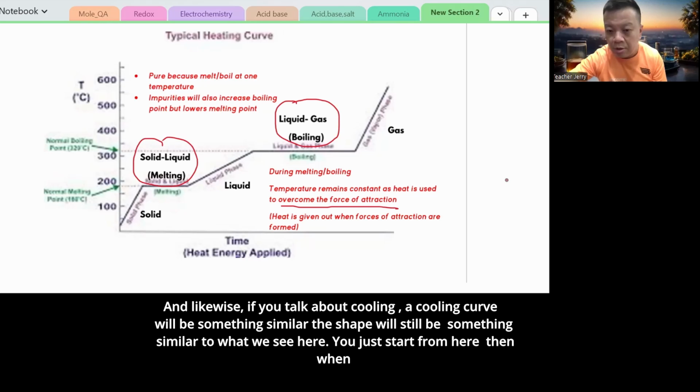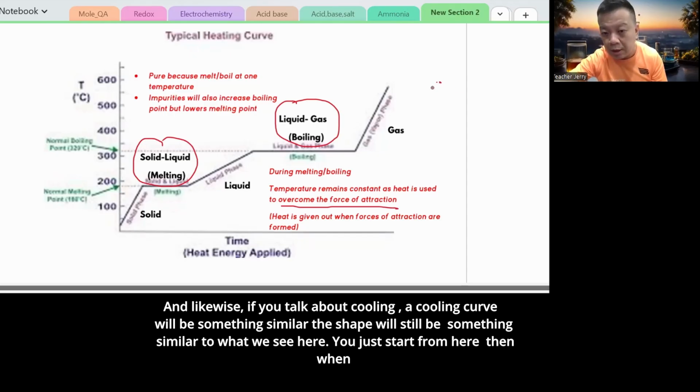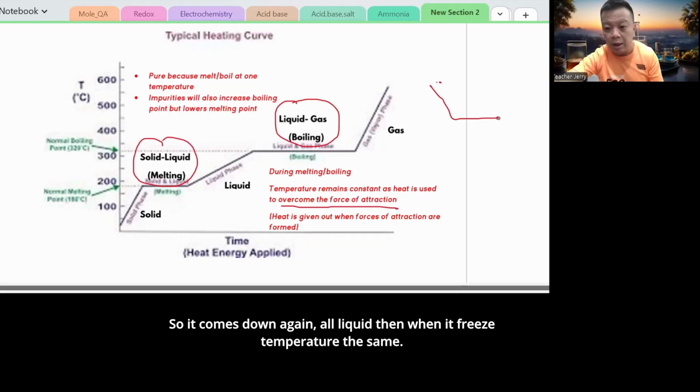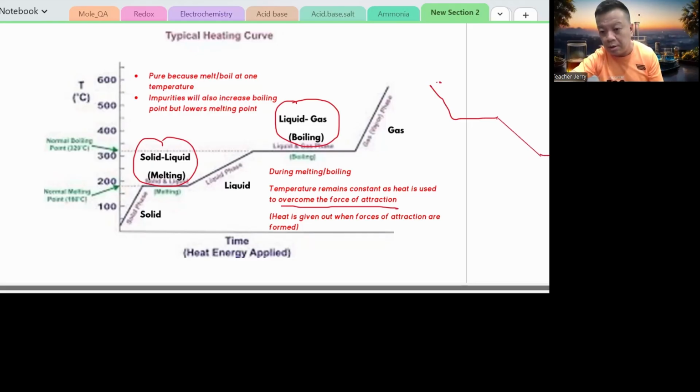And likewise, if we talk about cooling, a cooling curve will be something similar. The shape will still be something similar to what we see here. It starts from here, then when the gas becomes liquid during condensation, the temperature stays the same. Then it comes out again as all liquid, then when it freezes, the temperature is the same.